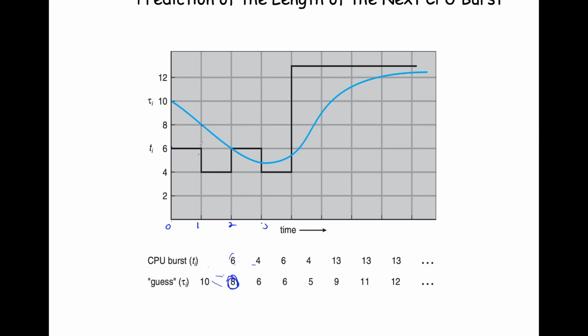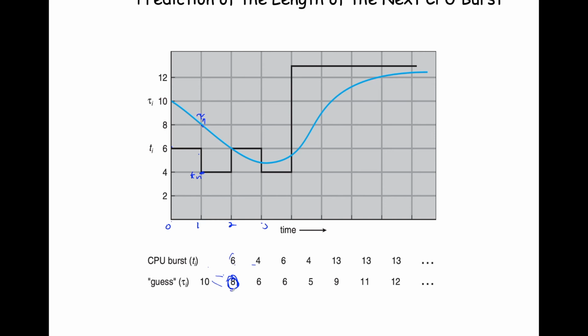So now we have a predicted burst, tau, of 8, and then our measured burst at time step 1 is going to be 4. So we have t n is 4, and we have tau n is 8. So that's 50% of 8, that's 4, plus 50% of 4, that's going to be 6.